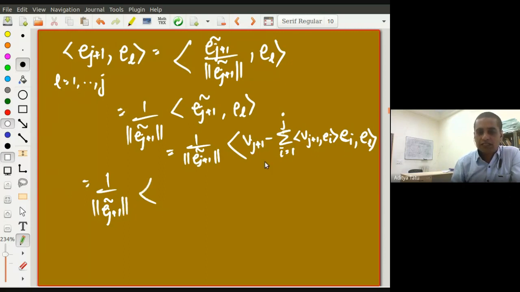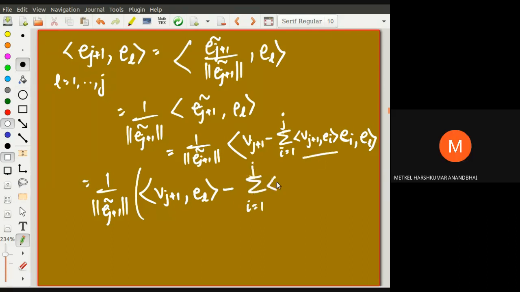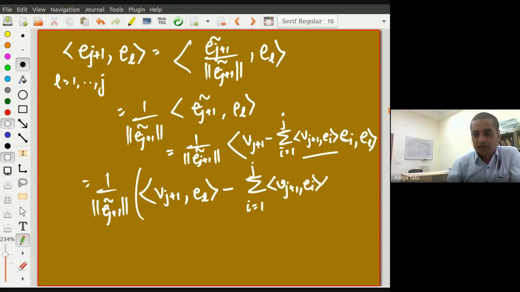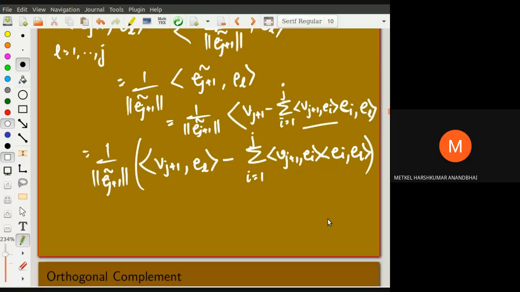I'm using linearity of the inner product. These are just constants, so it is minus the sum over i equals 1 to j of ⟨v_{j+1}, e_i⟩ times ⟨e_i, e_l⟩.